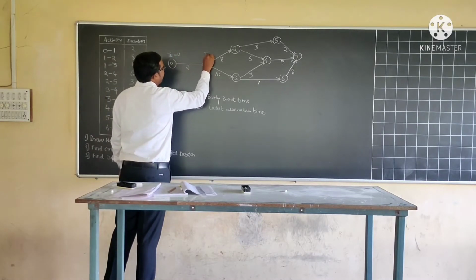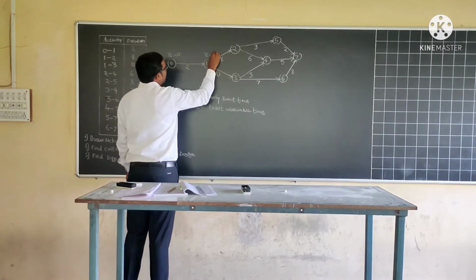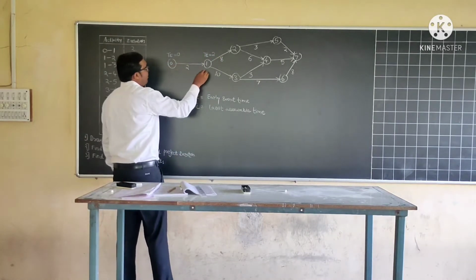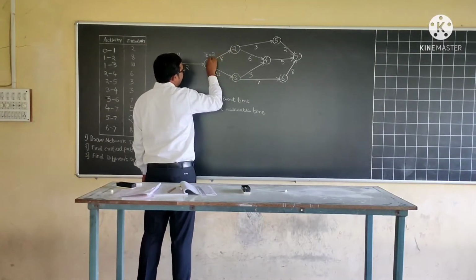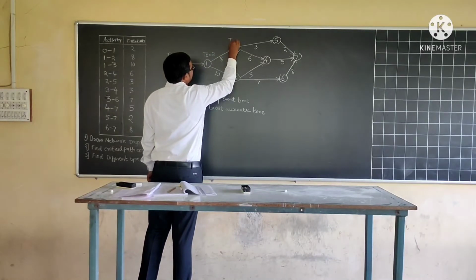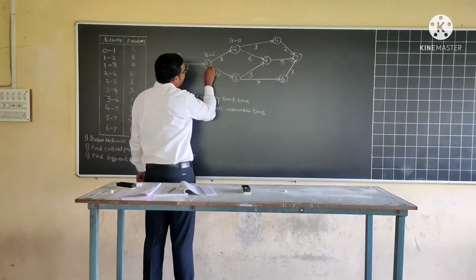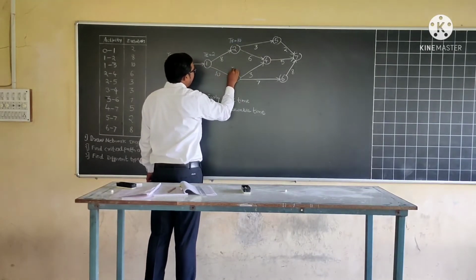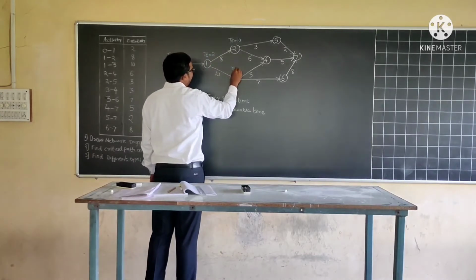TE for event number 1 is 0 plus 2, 2. For 1 to 2, 2 plus 8, that is early event time plus duration, 10. For 1 to 3, TE value will be 2 plus 10, 12.